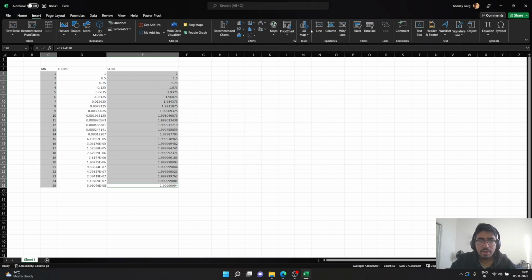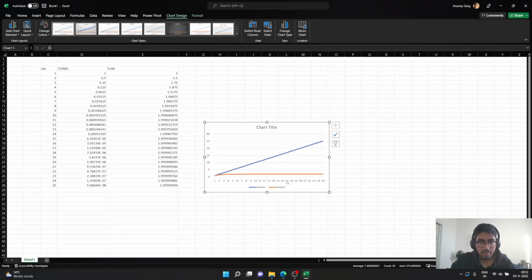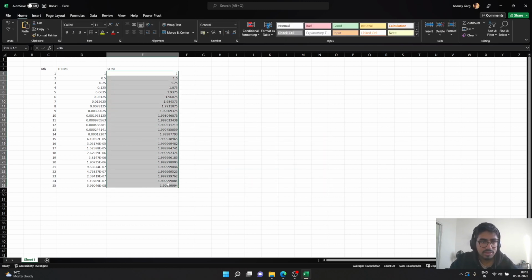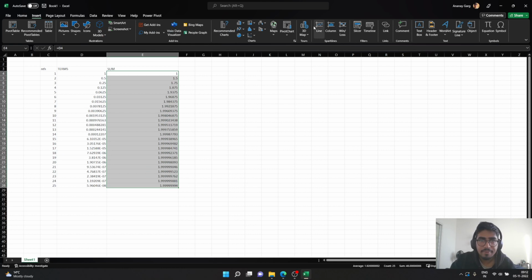How do you create a line graph? Right from here. So let's remove this and try to add that again. Yeah, a little bit messy, but that's okay.